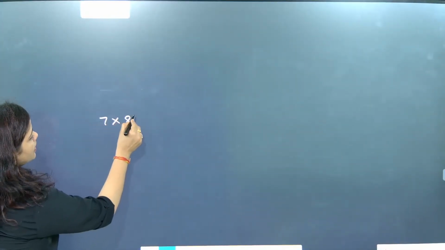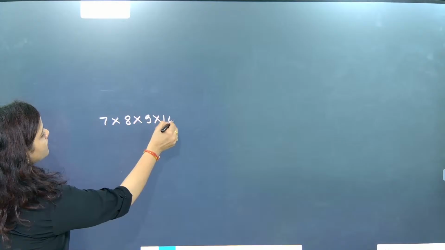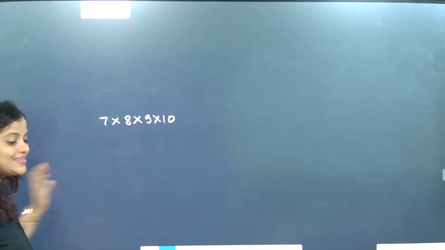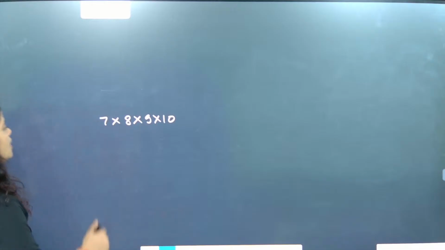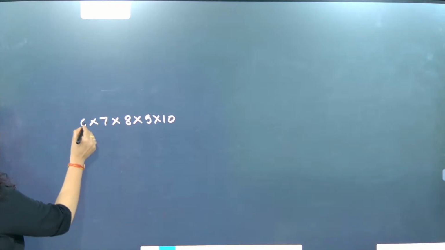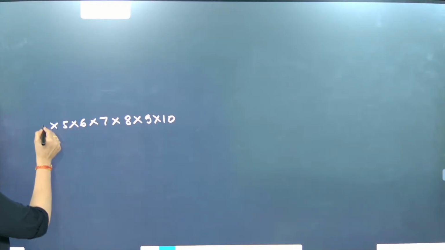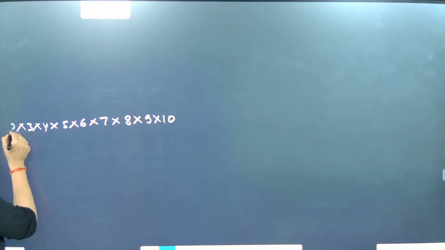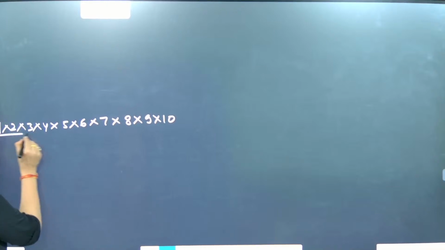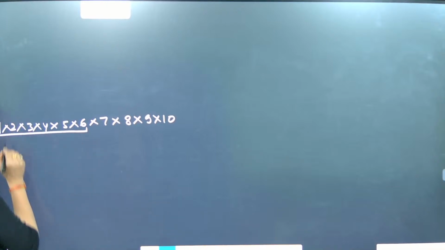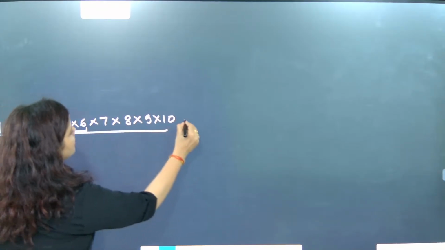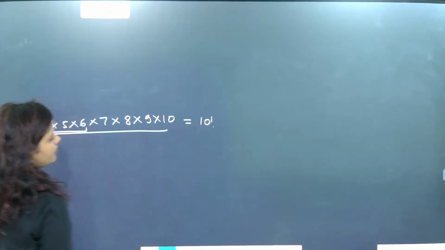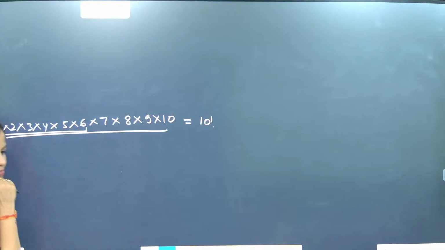See, if somebody gives you 7 into 8 into 9 into 10 and tells you to express this in factorial, how are you going to express it? For this, you will write 6 into 5 into 4 into 3 into 2 into 1. If you multiply this part with the total, then only it will become 10 factorial, na beta.